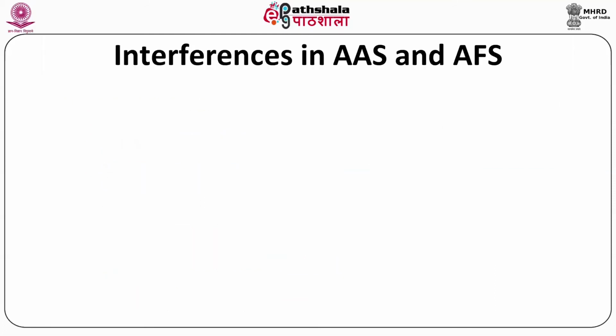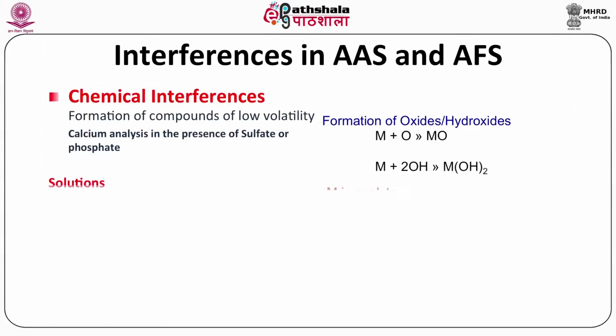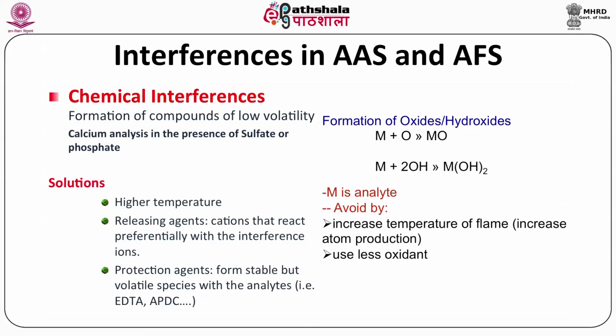We discussed the common interferences in atomic absorption spectroscopy and atomic flame spectroscopy. Chemical interference occurs because of the formation of compounds of low volatility, for example calcium analysis in the presence of sulfate or phosphate.